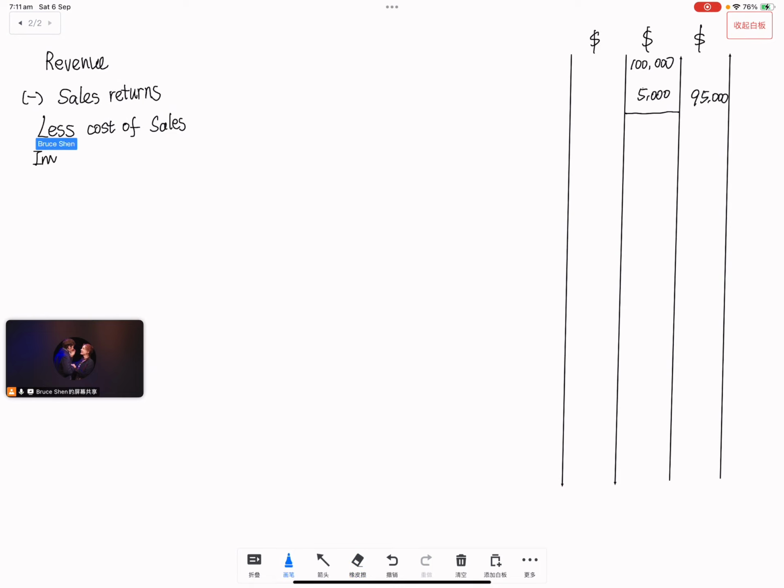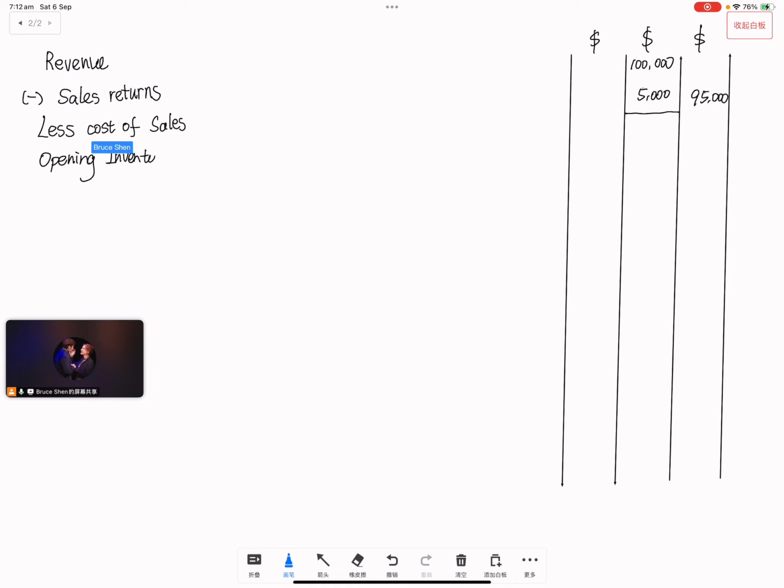This is opening inventory. Opening inventory, it should be what?